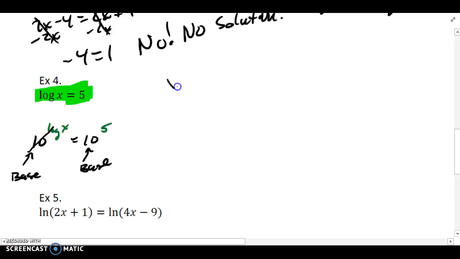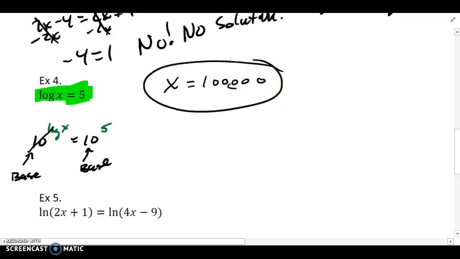So on the left side I'm left with x. And then 10 to the 5th power is 1, 2, 3, 4, 5 zeros. So 100,000. And that's our answer. And we can check our answer by plugging this in. So log of 100,000, we can put that in the calculator and it equals 5, so we're good.